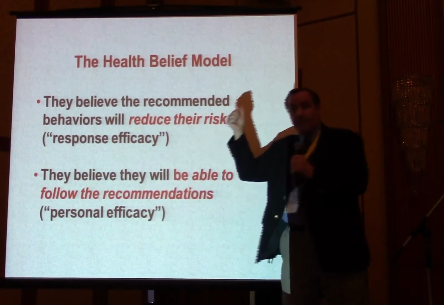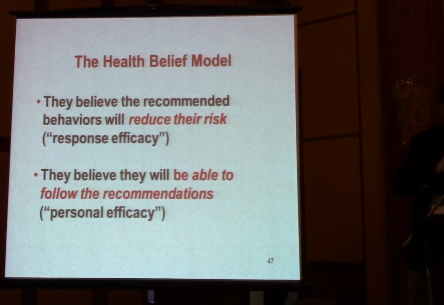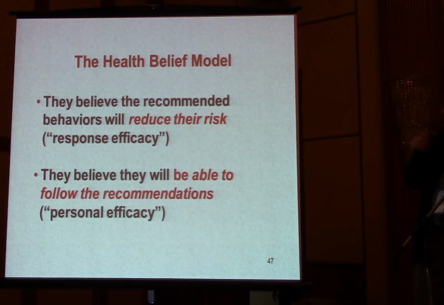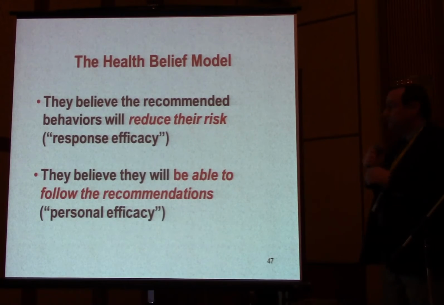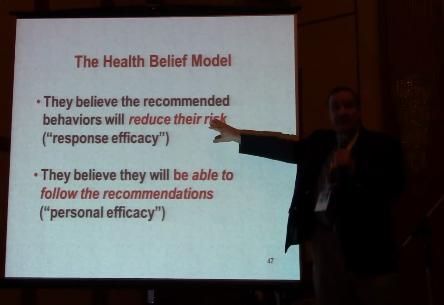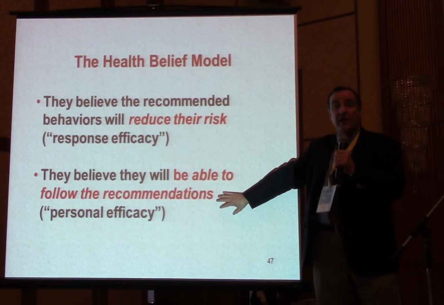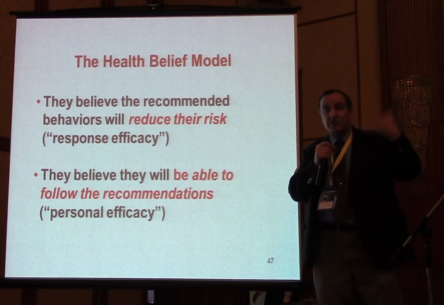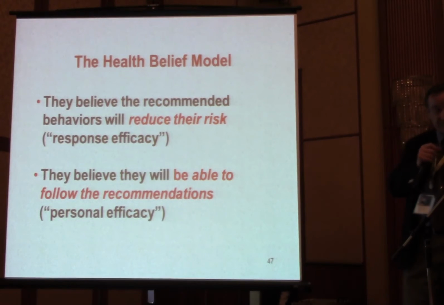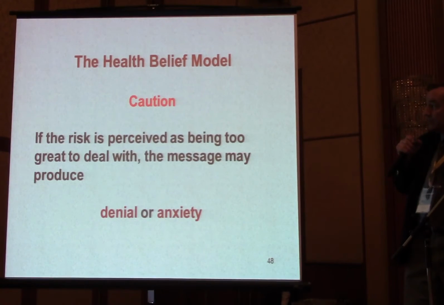So, again, just a real quick summary. Tell them what they need to do to reduce the risk, and then persuade them that they in fact do have the resources, the physical resources, the psychological resources to follow through with that.